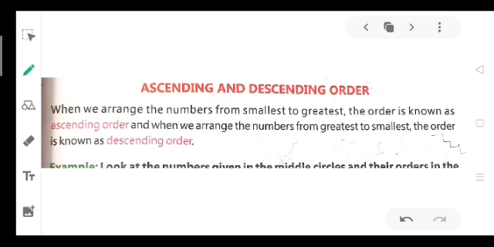Next, when we arrange the numbers from greatest to smallest, means firstly we write the greatest number, then smaller than it, after that smaller than it, and at the last we write the smallest number, then that order is called descending order. I will explain it with the help of a few examples.